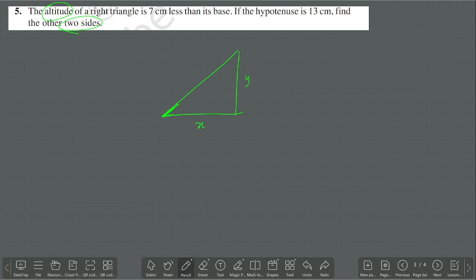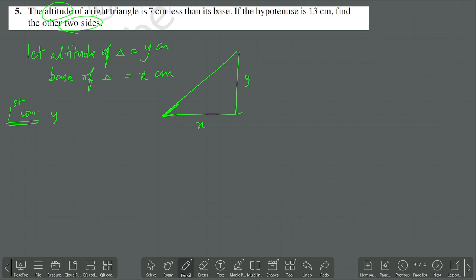Is it okay? Then here you write: let altitude of the triangle be y centimeter, and base of the triangle be x centimeter. The first condition says what? The altitude of the right triangle is 7 centimeter less than its base.